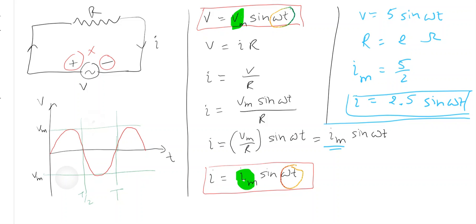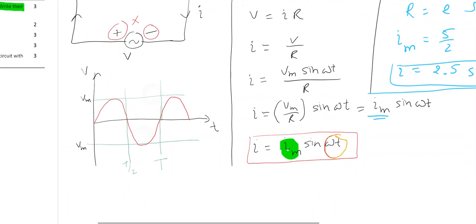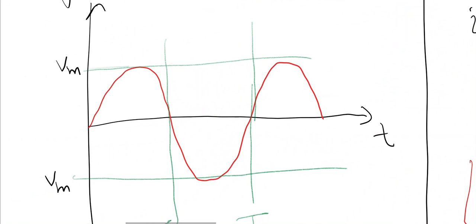It means that when I plot current on this graph, the phase must be the same. So the starting point must be the same. It's just that as the maximum value of current is Vm by R, the peak value should be less. Okay. And then I can represent current like this.